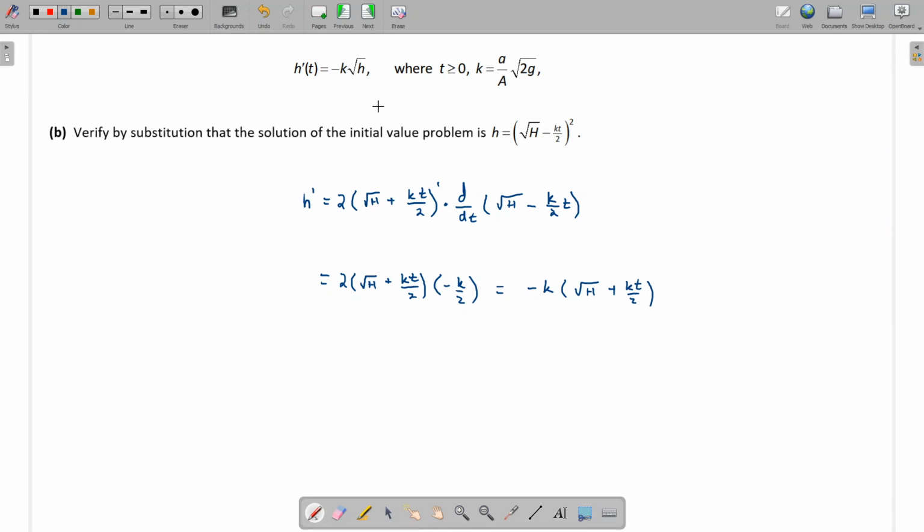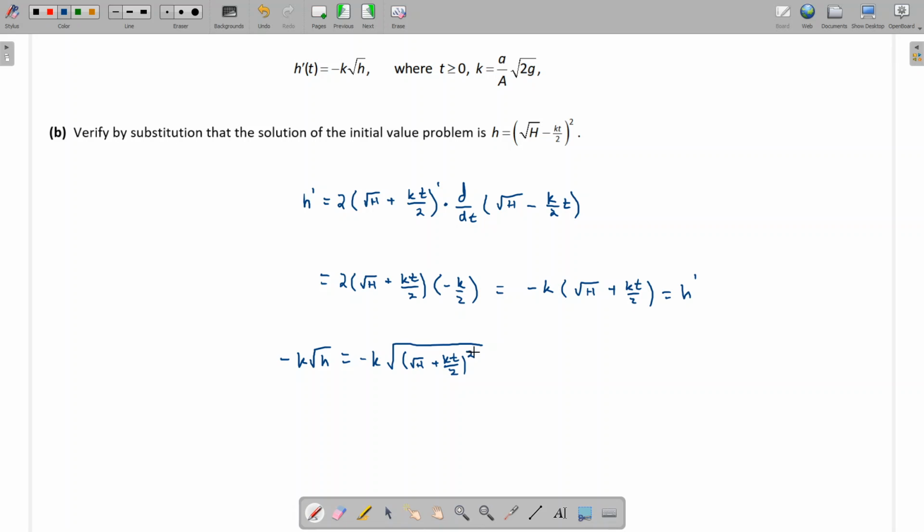Now notice, if you look at this carefully, actually we'll just write it out. So this right here is h prime. And what we have to verify is that h prime is equal to this expression here. So let's do that. Negative k square root of h. So this is supposed to be h. I just need to put it inside there. So negative k times the square root of h plus kt over 2 all squared.